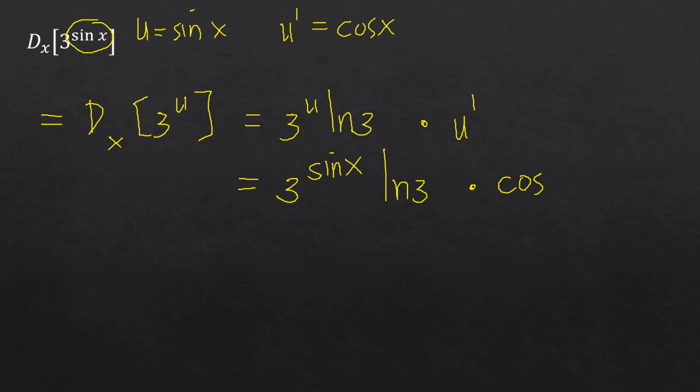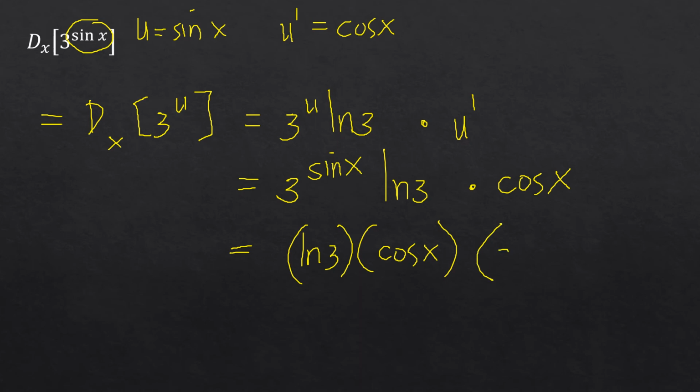Proper writing, that must be cosine x. So our answer will now be, you can just enclose it for you not to be confused, ln of 3 times cosine x times 3 raised to sine x.